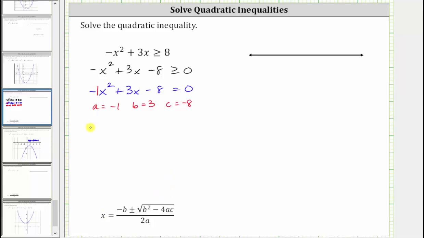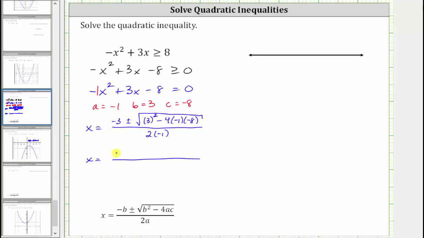The quadratic formula gives us x equals, in the numerator, we have negative b, which is negative 3, plus or minus the square root of b squared, which is 3 squared, and then minus 4ac, which is minus 4 times negative 1 times negative 8, all divided by 2 times a, which is 2 times negative 1. And now let's simplify.